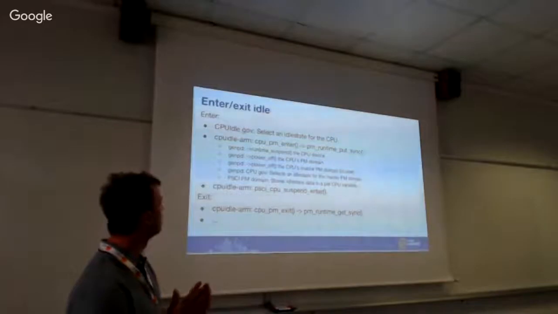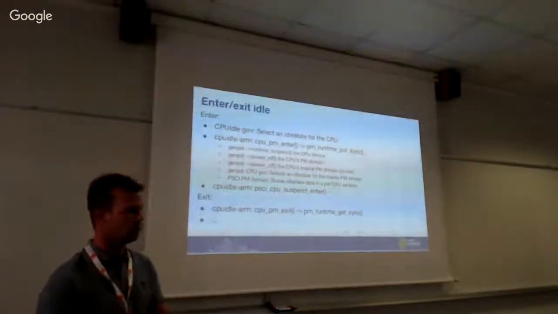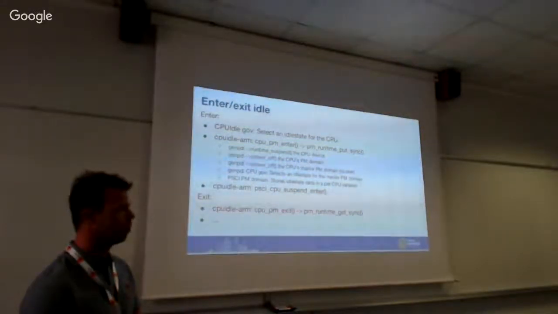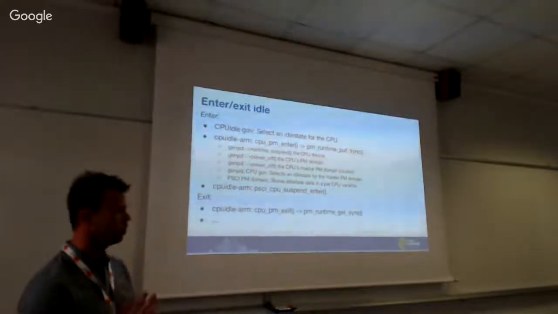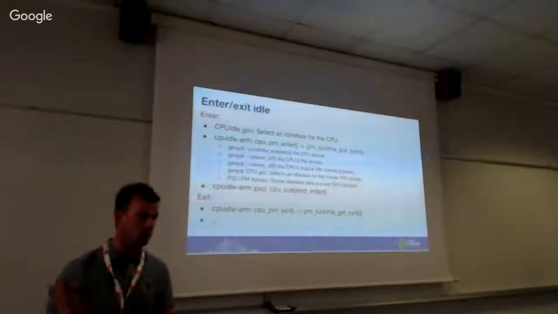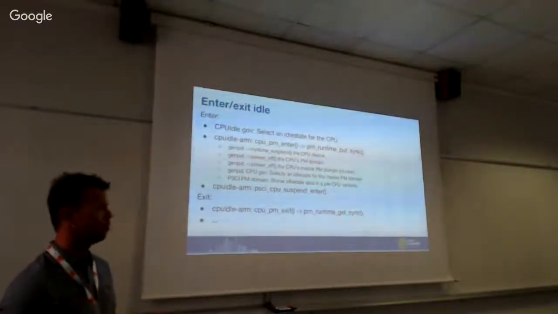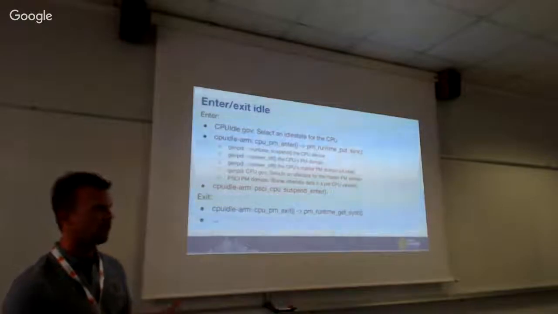Okay, so this is the overview of what's happening when we're entering idle and leaving idle. The PM runtime calls in the CPU PM layer get invoked to bump or decrease the reference count on the device. And when that happens, all the infrastructure in GenPD gets called. So the runtime PM callbacks get called, and then if the domain can get powered off, those callbacks get called.